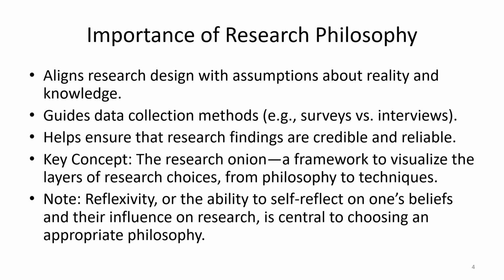It is also the outermost part of the research onion, as we are going to see in the next slide, because as we proceed further, our research philosophy will guide what the next step is that we are going to opt for within our research onion. And as we have seen in our previous slide, the research philosophy is always related to the values and assumptions that we make about reality and our research design.